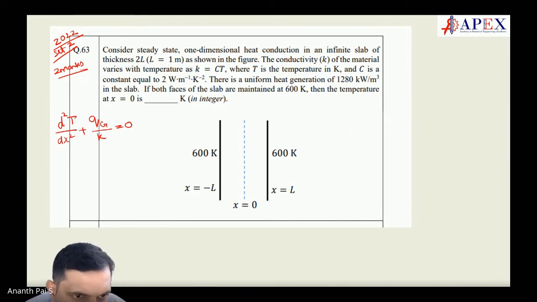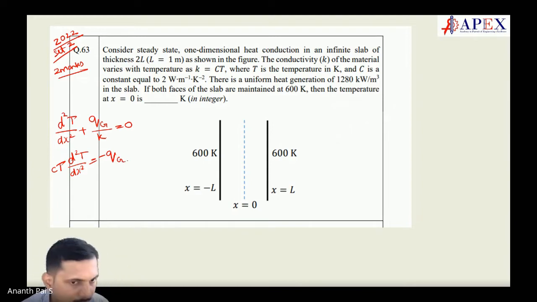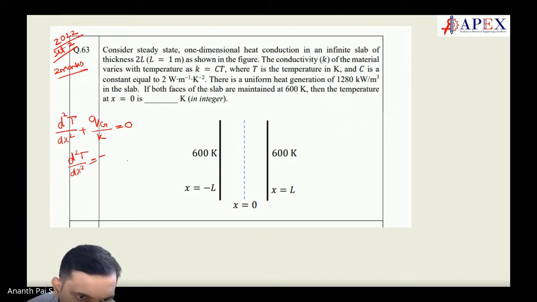So what you will have is d square T by dx square, correct, into k. K is what? C into T, right, is equal to minus qg. Yes or no? Or we could set this one as minus qg by cT.